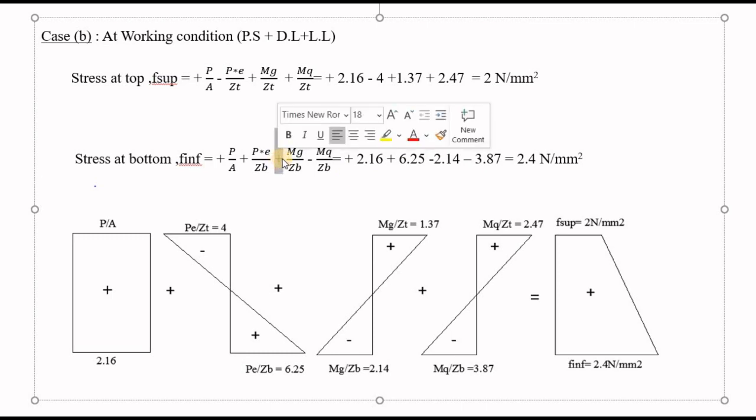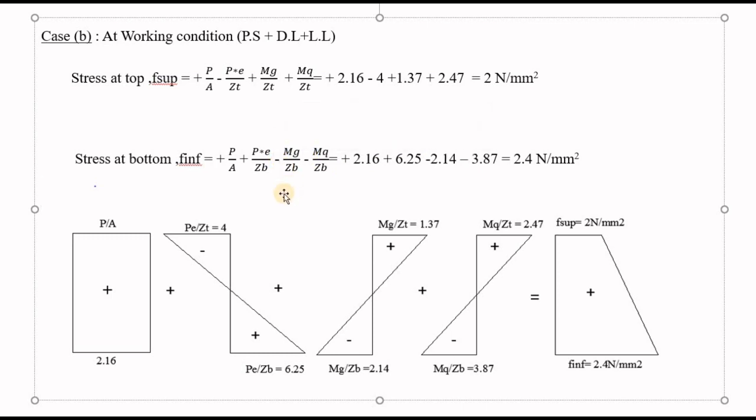Again it is negative here. Okay, now the equation is proper. I have just added the values. I have taken all the four values and substituted here. It is 2.4 Newton per mm square.